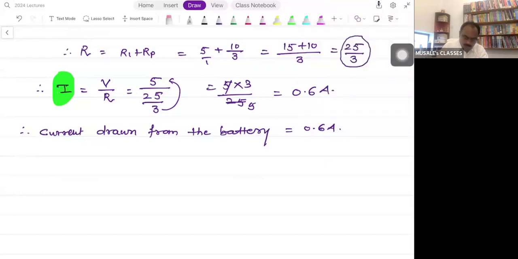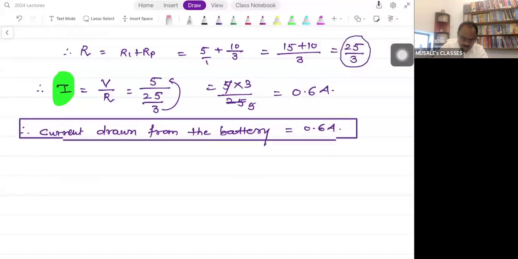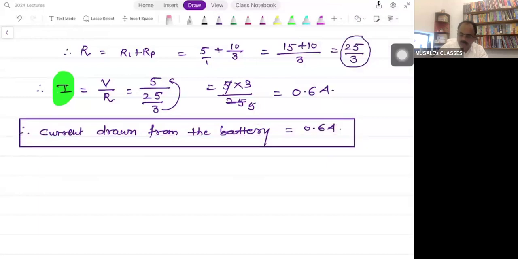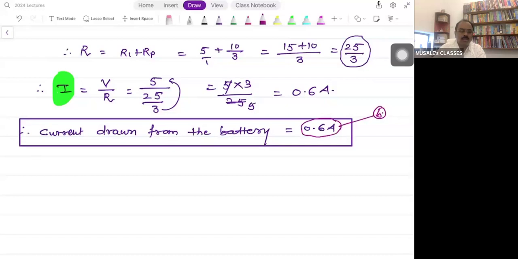This is one objective question. Same question they will give you आणि विचारतील how much is the current drawn from the battery. So this can be option B, or it can be A, it can be C, or it can be D. If this is B, then A can be 0.4.